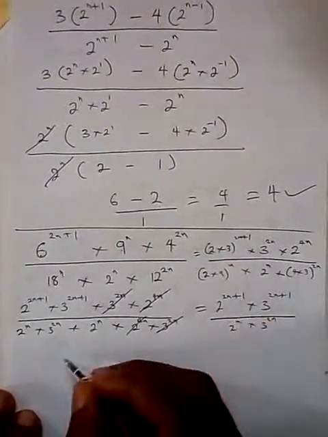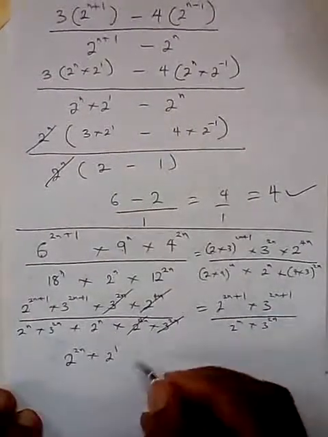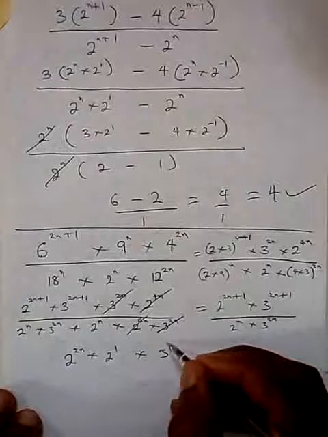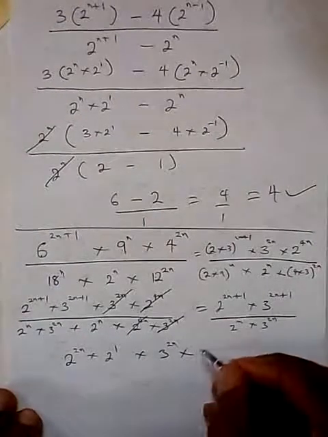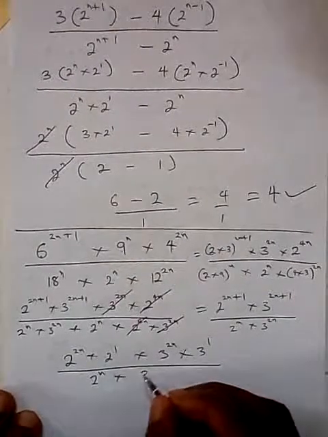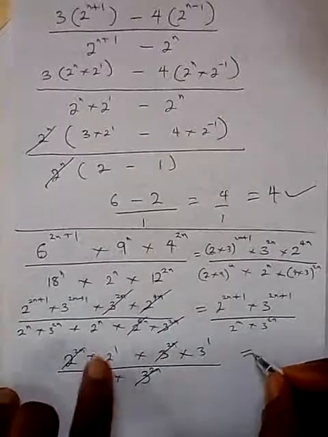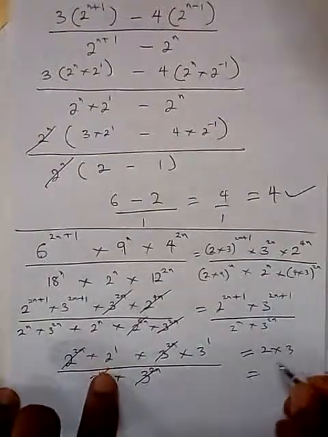So it's going to give me 2 raised to the power 2n times 2 raised to the power 1, times 3 raised to the power 2n times 3 raised to the power 1, over 2 raised to the power n times 3 raised to the power 2n. This cancels this, this cancels this, and we're left with 2 times 3, and that's 6.